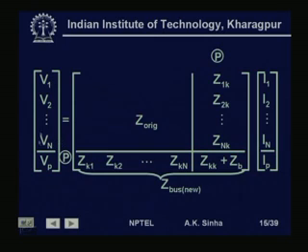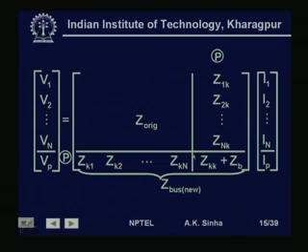Similarly, we will write the expression for Vp. Here again what we will get, Zk1 into I1 plus Zk2 into I2. This is what is giving us the Vk0 term, plus Zkk plus Zb into Ip.